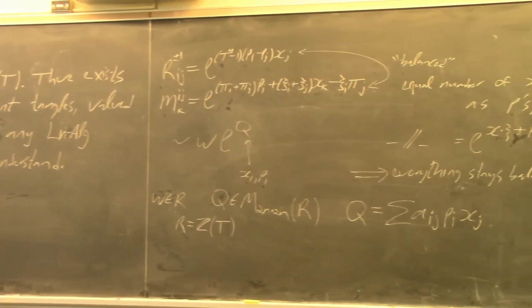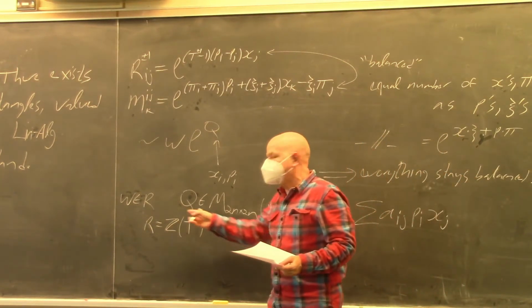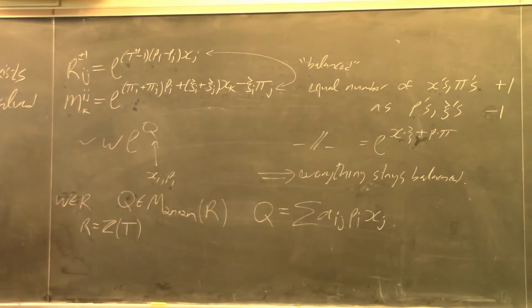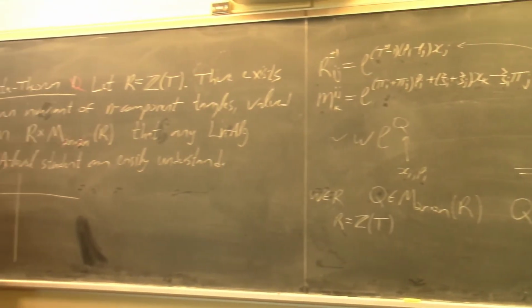So first, to fully understand it: if the invariant is valued in scalars cross matrices, here is a nice way of writing the invariant.